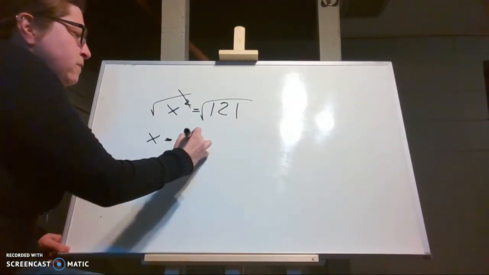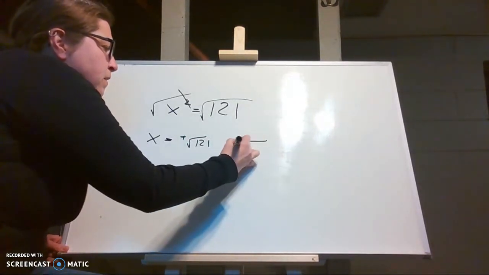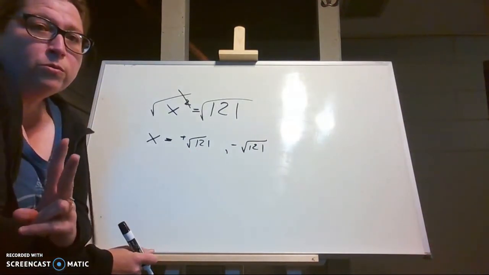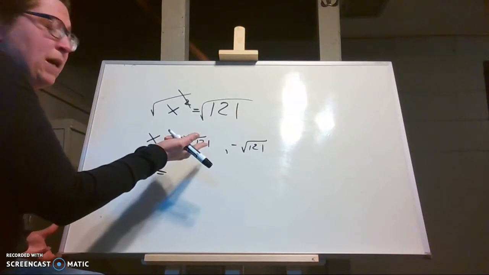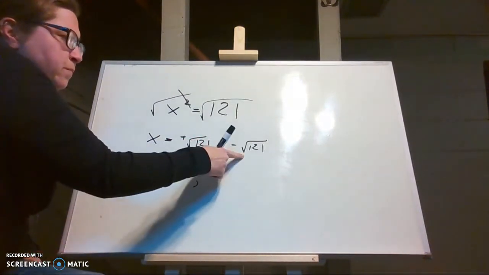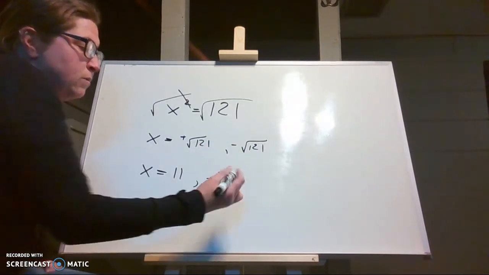One is the positive of 121, and one is the negative of 121. So remember, we're going to get two different answers. One is going to be that x is the positive of the square root of 121, which is 11, and also that x is going to be the negative of the square root of 121, which is negative 11.